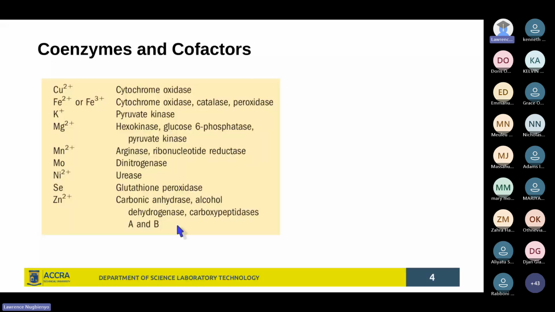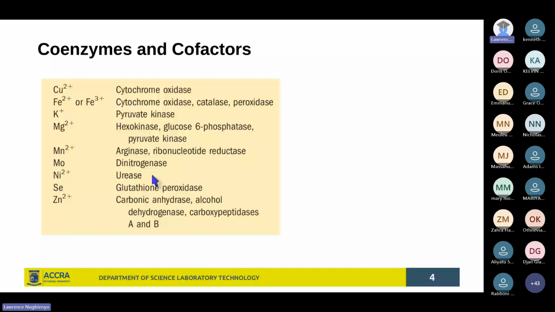Right. One thing you can pay attention to, after all, we did enzyme naming and classification, is that when you look at the names, you can remind yourself of what type of reactions these enzymes will be carrying out just by looking at the name.